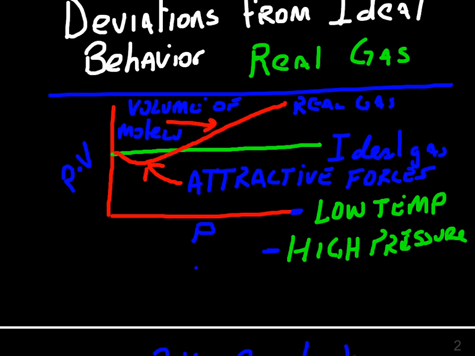You have to think about it a bit, but this is what's going on. So basically, this is where things start messing up, and they're messing up because I can mess them up by going really, really cold, or pushing them together at really, really high pressures, and they're going to deviate. So try to get this. It's the last thing on gas laws.